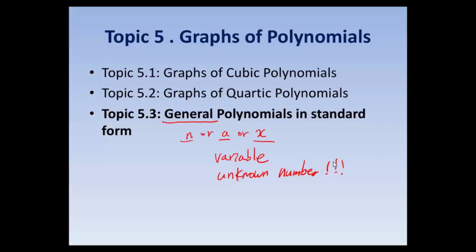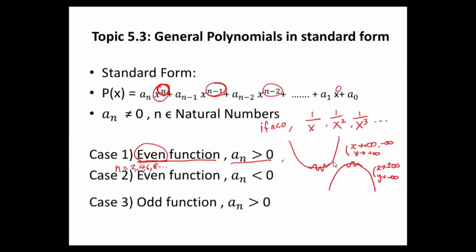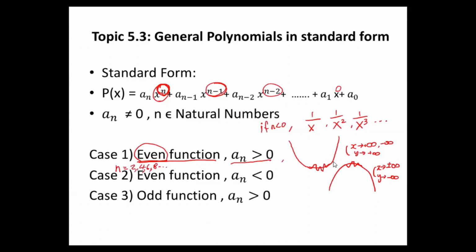Let's talk about when your n is odd numbers. So typical example we had is cubic function, right? n is 1, 3, 5, and 7, dot, dot, dot. In this case, the shape of your polynomial was generally going up, and then there's a little bit of fluctuation and going up again. That was cubic polynomials, right? And then when the leading coefficient is negative numbers, it changed its direction to negative.